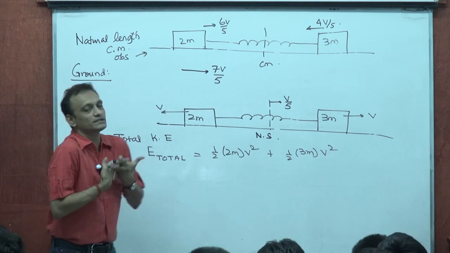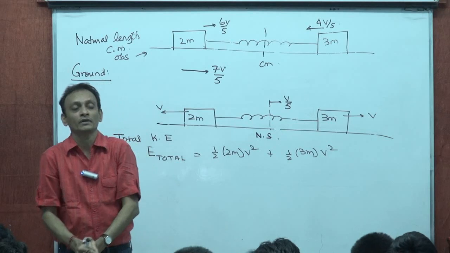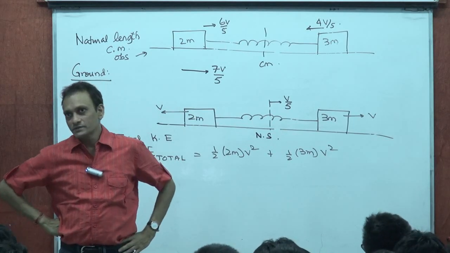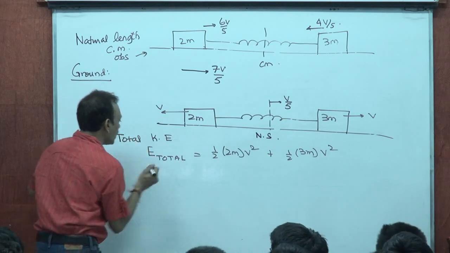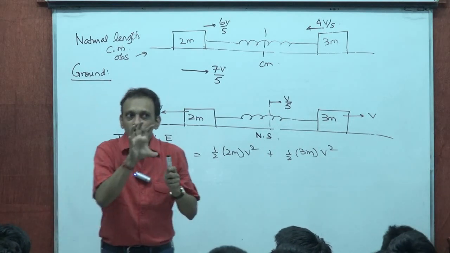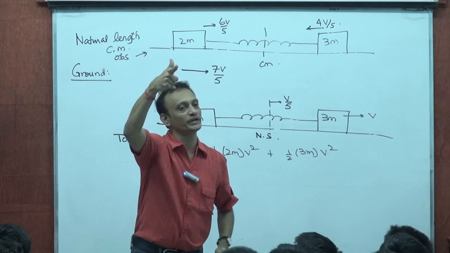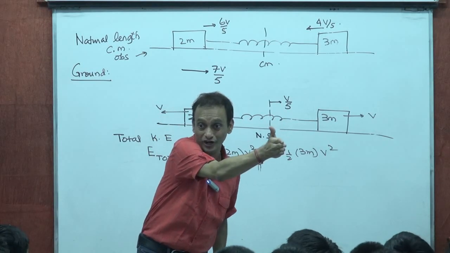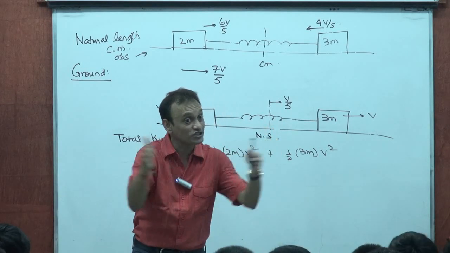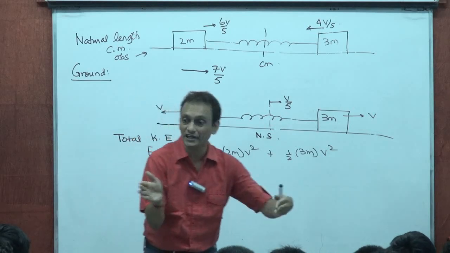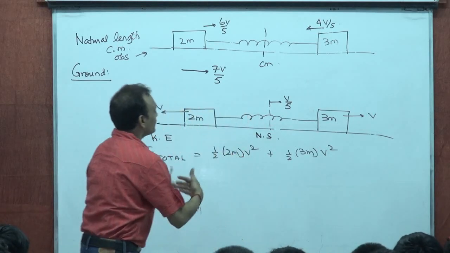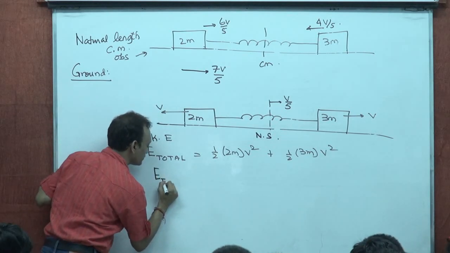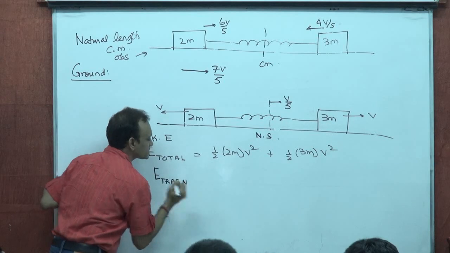Now, what we can say is, out of this E total, this total energy has two constituents. One is energy of oscillation, the other one is energy of translation.